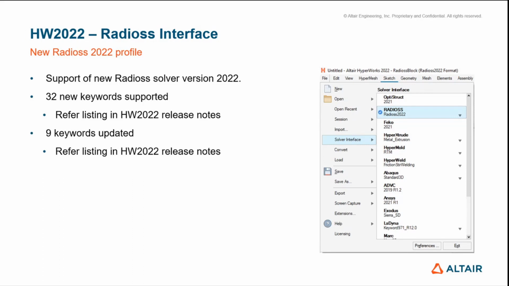We have added a huge number of new keywords as well. As you see, 32 new keywords. I will not go through them. I let you look into the release notes where everything will be listed. Same for the keyword updates, which are made in this release for the Radioss interface. So a very important amount of improvements for the keyword support and reliability of HyperWorks for the Radioss interface.